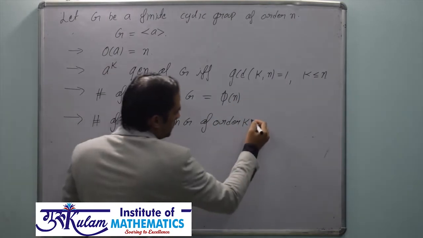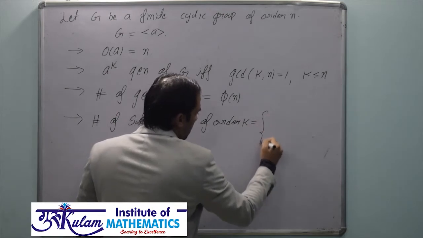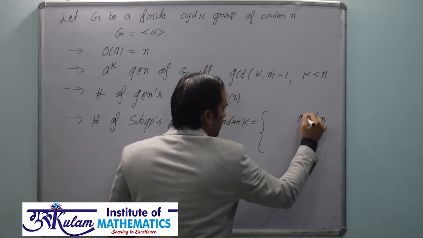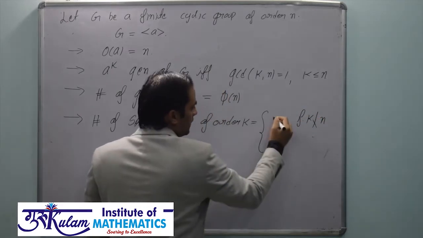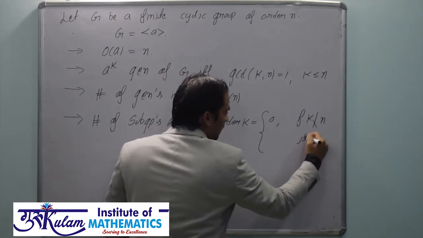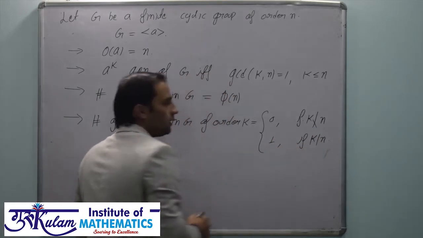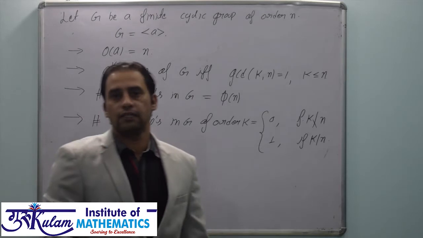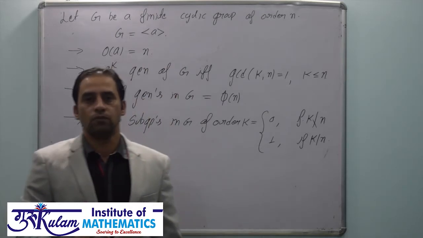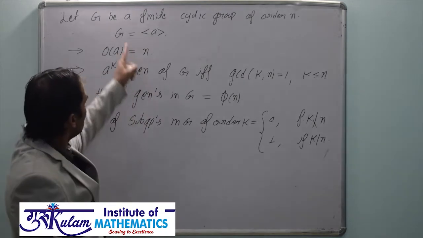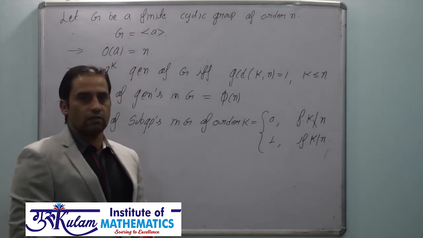So the number of subgroups of order k is: if k does not divide n, then it does not exist, or if k divides n, then there is a unique subgroup. That is, in every finite cyclic group there is a unique subgroup for each divisor of n, where n is the order of this finite cyclic group.